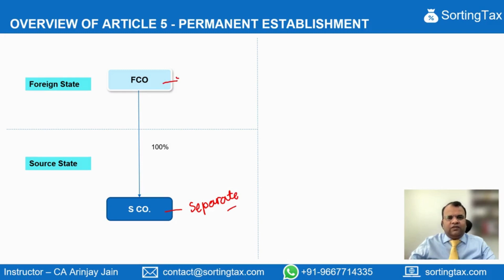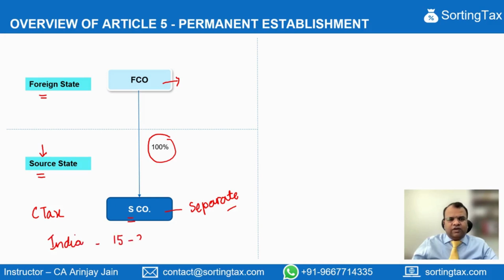So let's say in this case, the foreign company based out of a foreign state incorporates a 100% subsidiary, ESCO, in the source state. The subsidiary is a separate company and it is liable to corporate tax in the source state based on their tax laws. So for example, if the source state were India, the company may be liable to tax at the rate of 15 to 30%. So if the income is 100 and the tax rate is 15, the net amount available with the company will be 85.